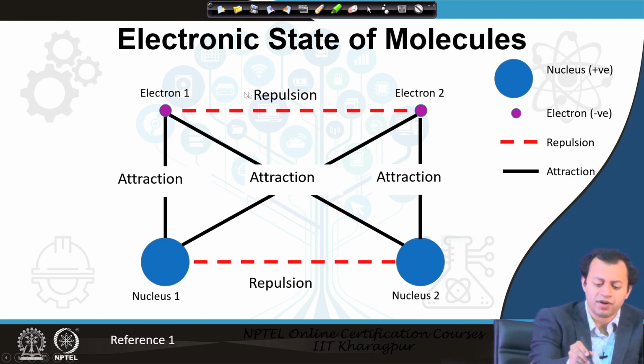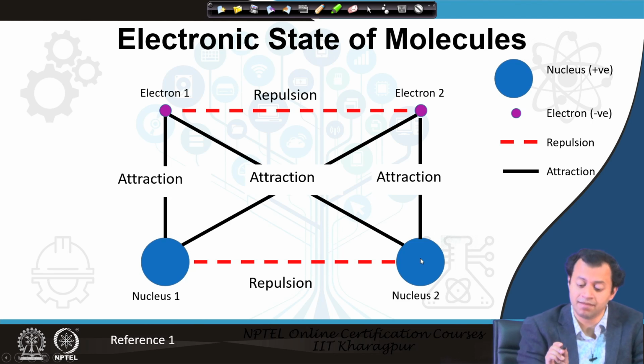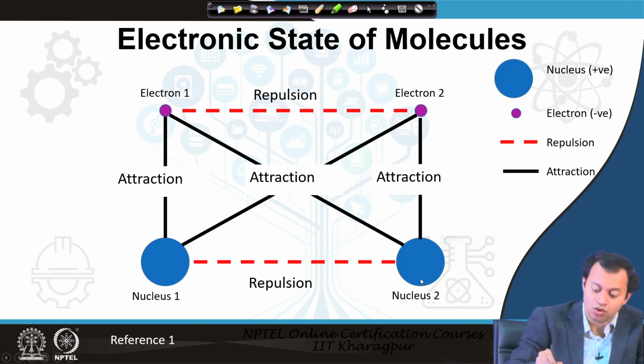There will be a force of repulsion between electron 1 of nucleus 1 and electron 2 of nucleus 2, but at the same time there will be an attraction of electron 1 to nucleus 2, and an attraction of electron 2 to nucleus 1, and of course, there is the original attraction between nucleus 2 and electron 2, and electron 1 and nucleus 1.